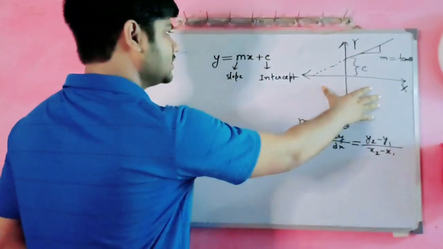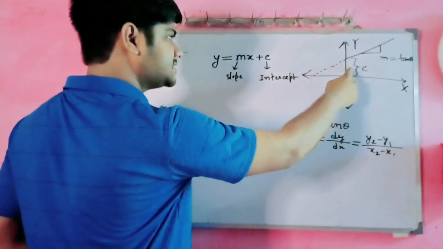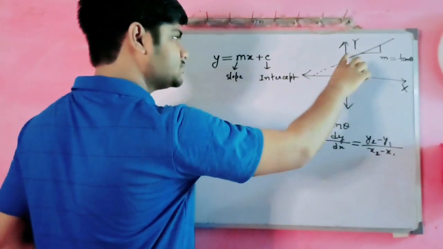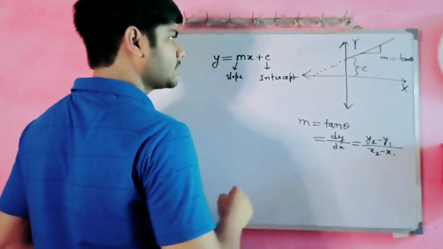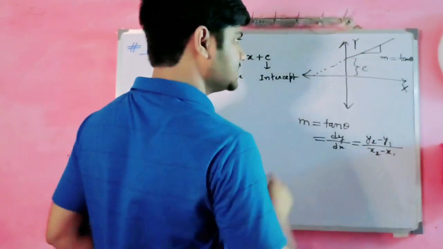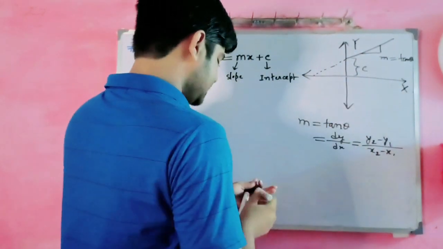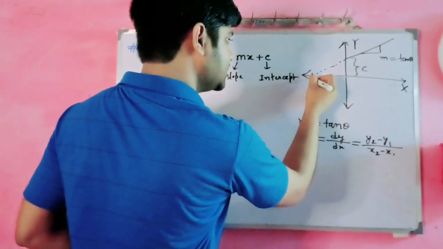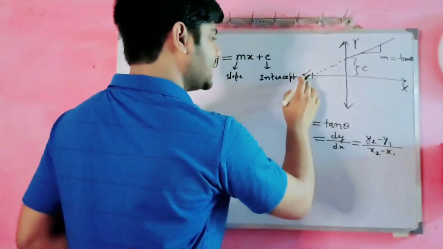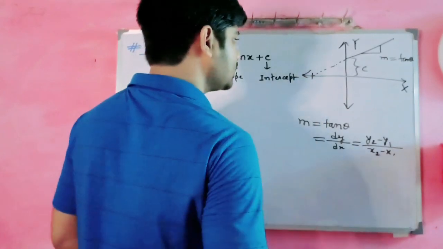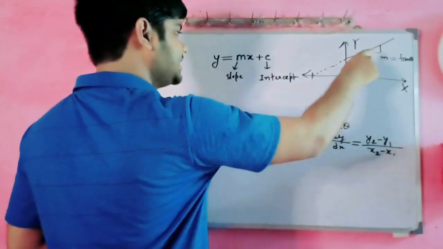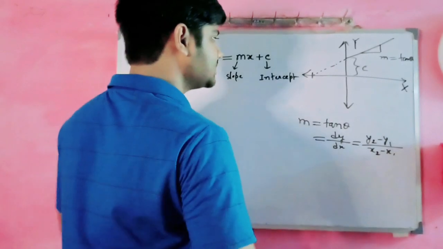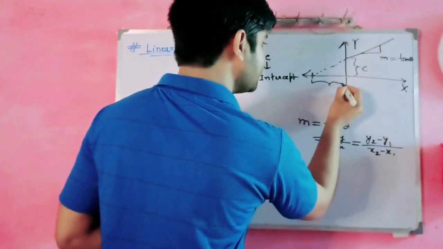So here we can see that the intercept along the positive y direction is positive, and the slope is positive. If we extend the graph along the second quadrant, it will cut at the minus x direction. So we can also say that this straight line has the intercept, this one, along the minus x direction.